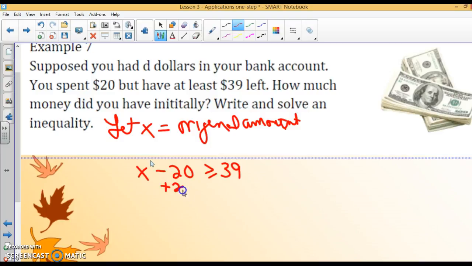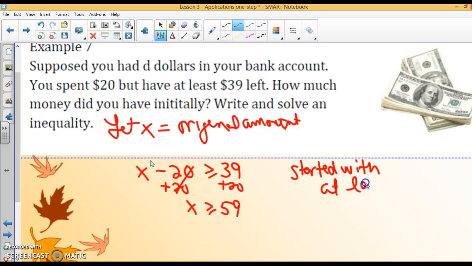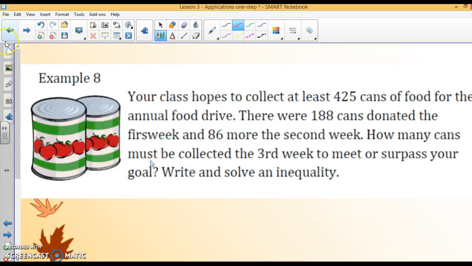So solve this by adding 20 to both sides, and we'll have x is greater than or equal to 59. So we started with at least $59. Could have started with more, but 59 was the minimum.